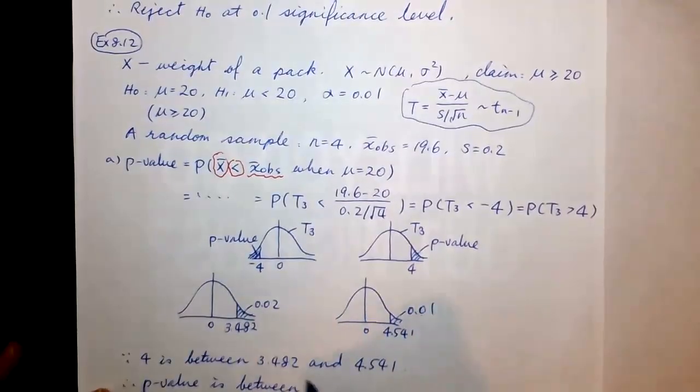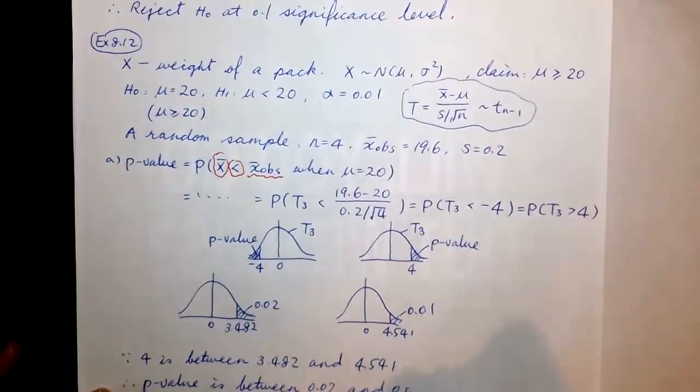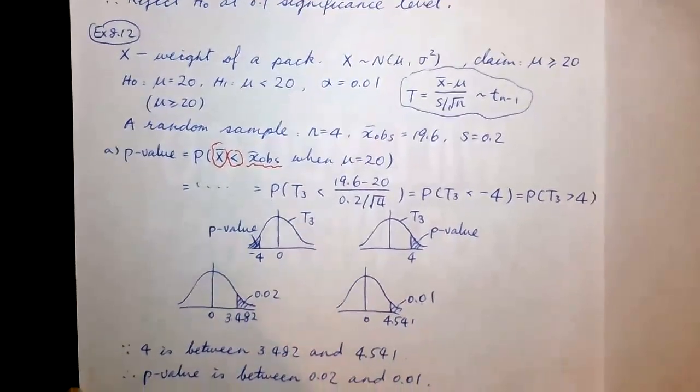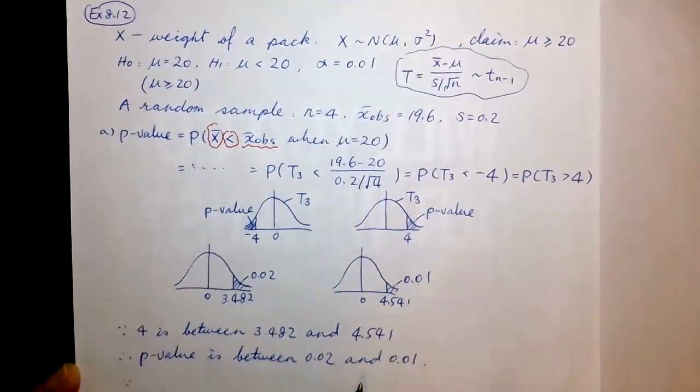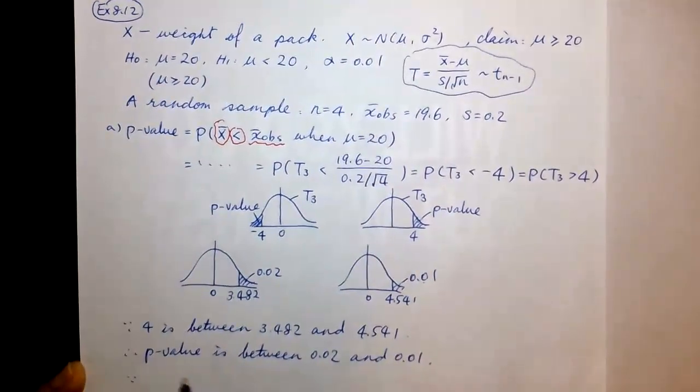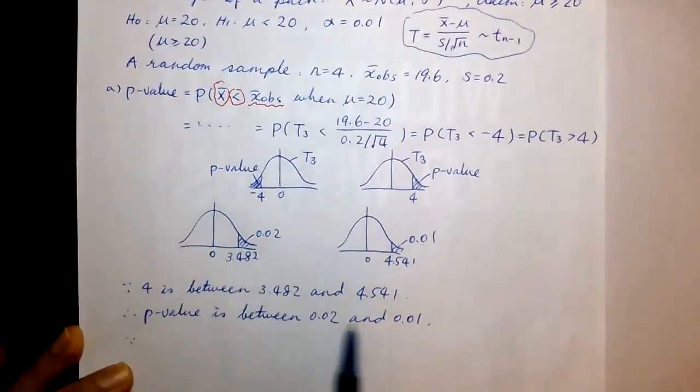For the p-value, I said I want to write less, but I'm writing for everything. P-value is between this and that. Can we compare with alpha? What alpha is given? Alpha is 0.01. So p-value is between these two.